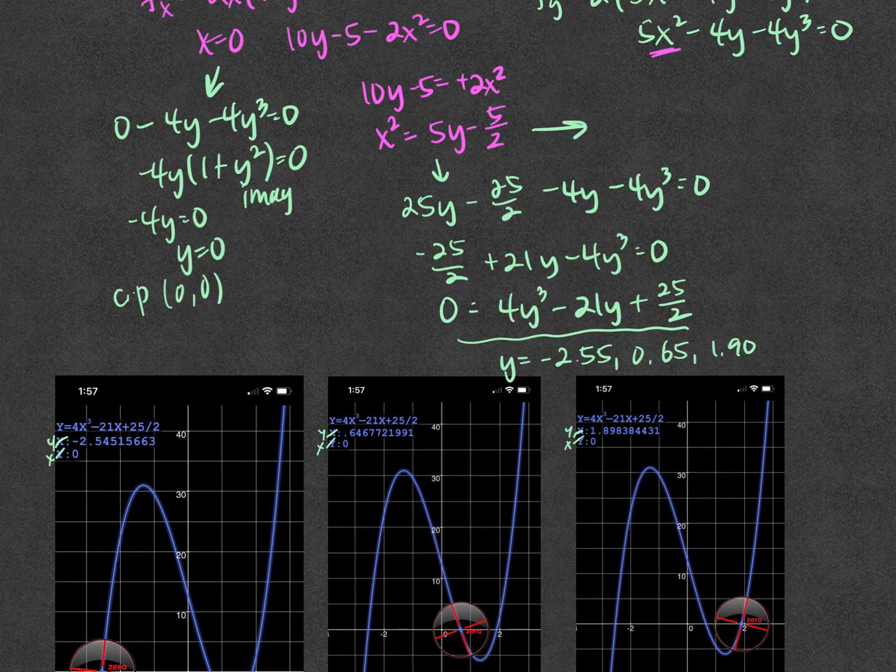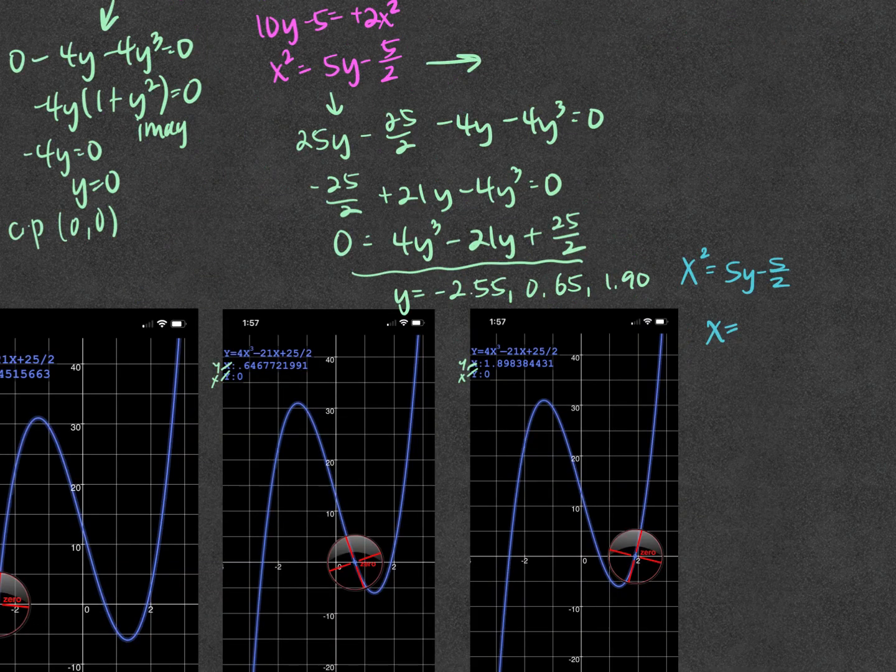So you're going to plug each of those in here to find the x squared values, and I'm going to write them. So x squared equals 5y minus 5 over 2, so x equals plus or minus the square root of 5y minus 5 over 2. Now when you plug in this first y value of negative 2.55, you have imaginary answers, so we're going to throw that out.